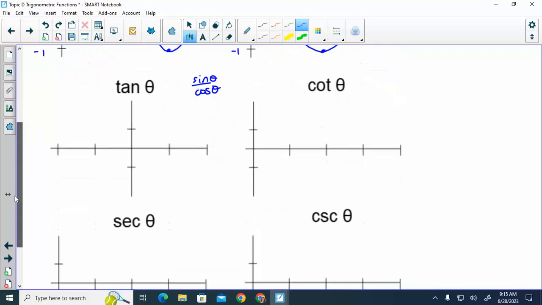When we were trying to get one full cycle for tangent, we went from -pi over 2 all the way to +pi over 2. And these other points we used, 45 degrees, so pi over 4.